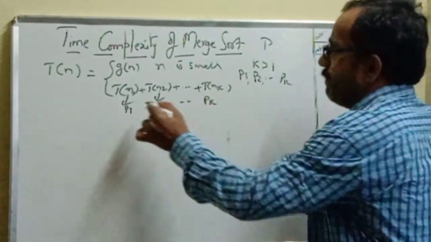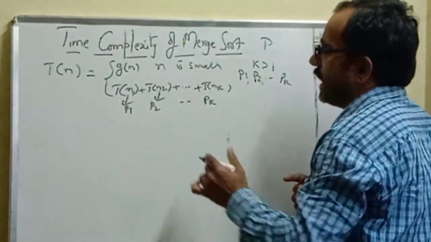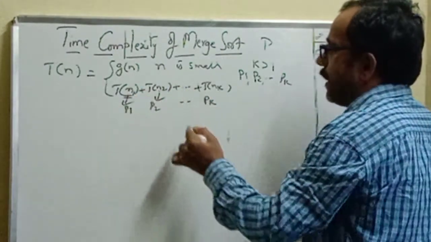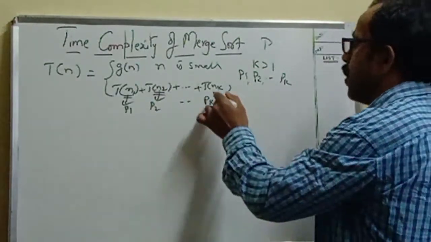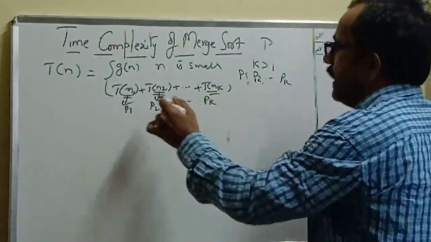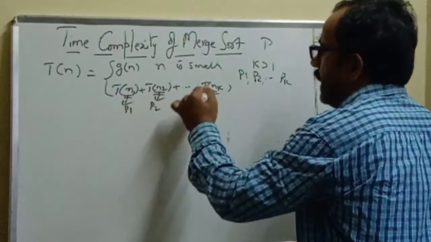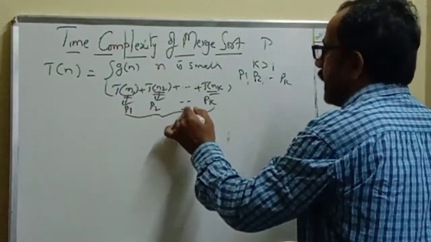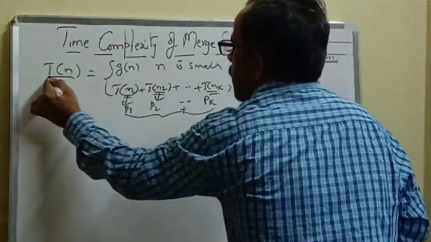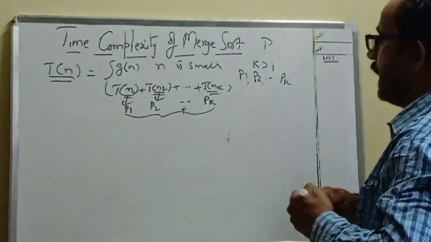So the meaning of T of n1 is the total time needed for solving the n1-element problem, and T of n2 the total time needed for solving the n2-element problem, and so on. Is it clear now? If we collect the time complexities of all these sub-problems and add them, we get the total time needed to solve the n-element problem.